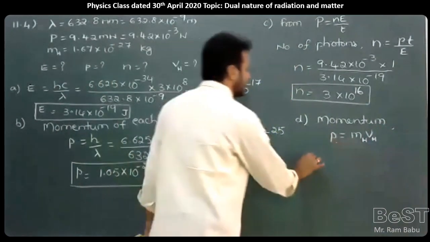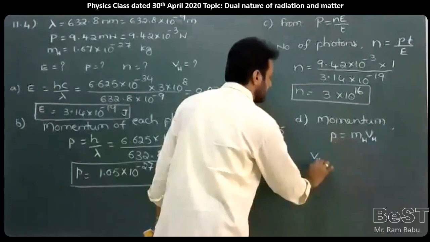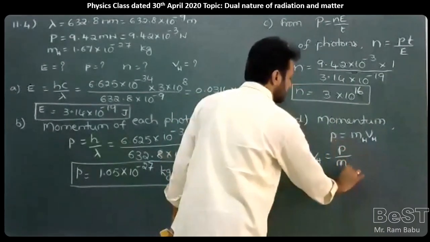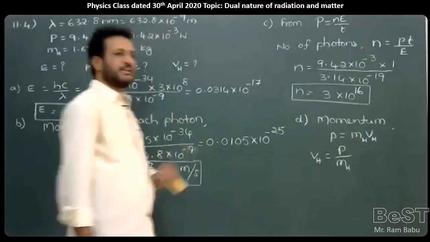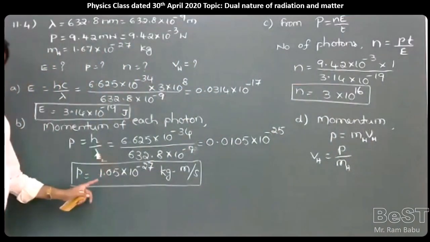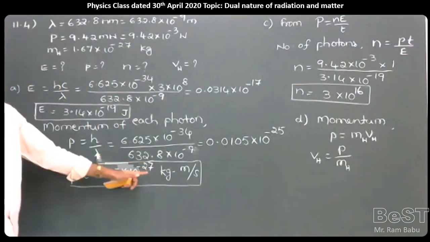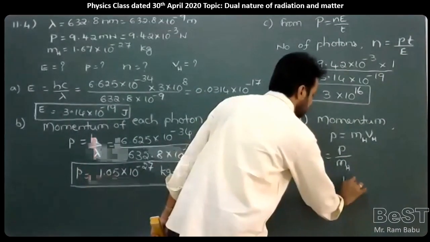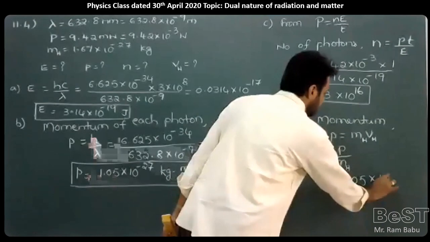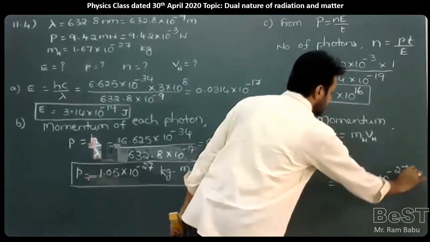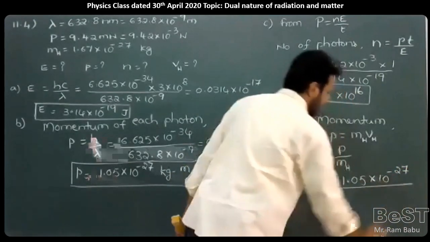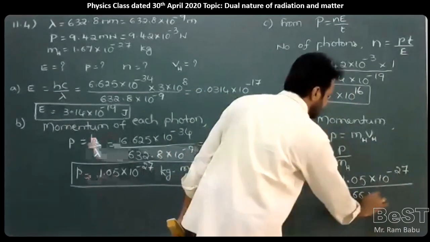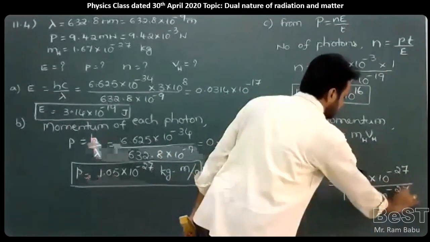Now speed of hydrogen atom, or velocity of hydrogen atom, is equal to momentum by mass. We should divide both the values. Momentum we already obtained: 1.05 into 10 to the power of minus 27, divided by mass of hydrogen atom 1.66 into 10 to the power of minus 27.